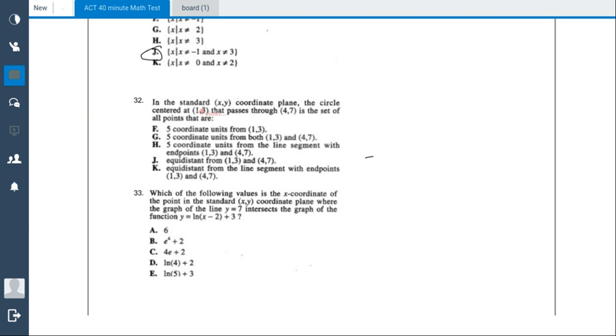We're talking about a circle, and they gave me the center of the circle and a line that it passes through, so I need to find the radius. In order to find the radius, I use the distance equation. The distance equation says that you take the x's and subtract them, and you add it to the y's subtracted.